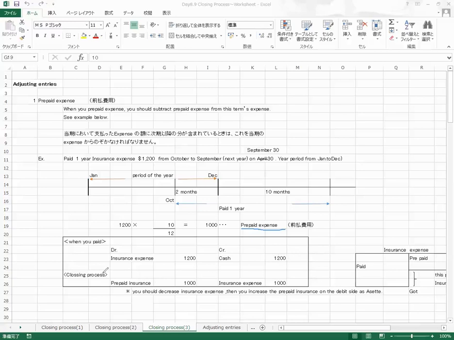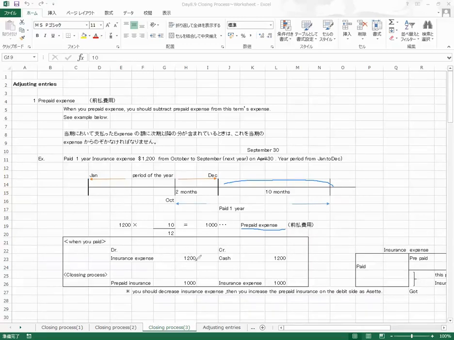Then, at the end of the term, in the closing process, for the prepaid insurance, this 10 months is prepaid insurance 1,000, and you decrease insurance expense 1,000.